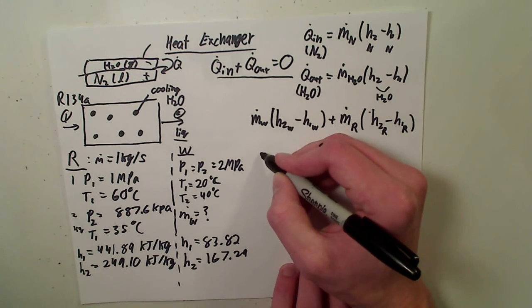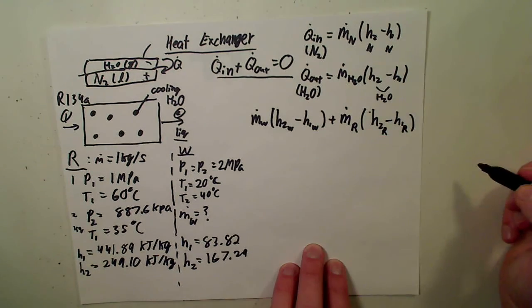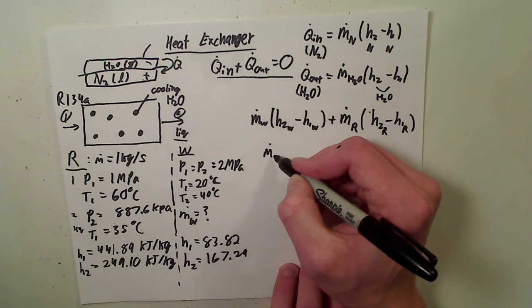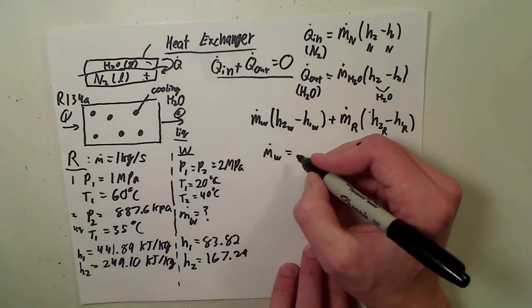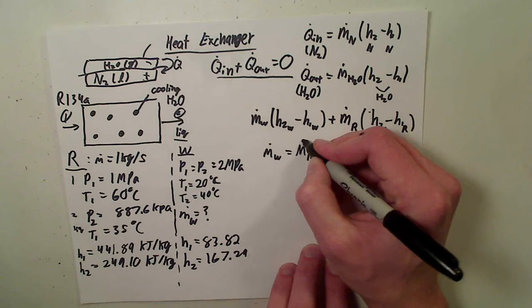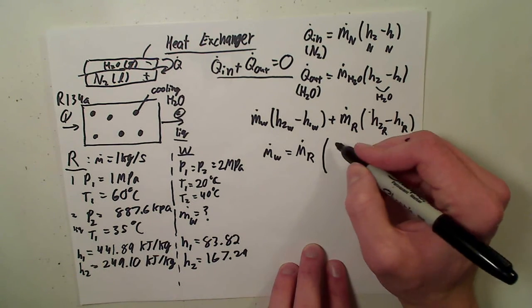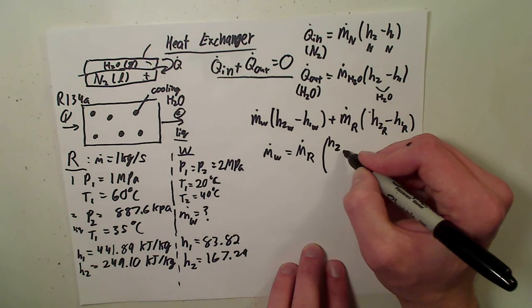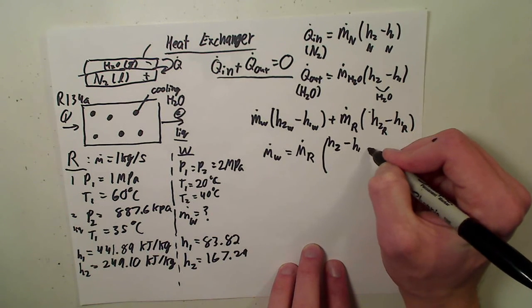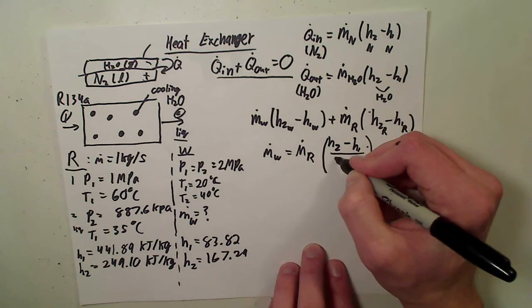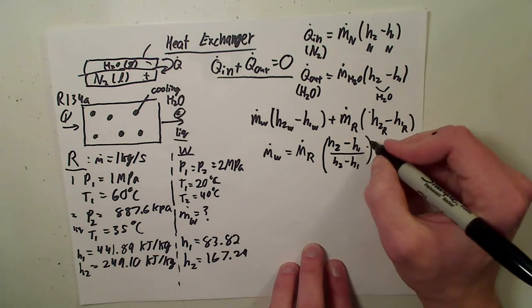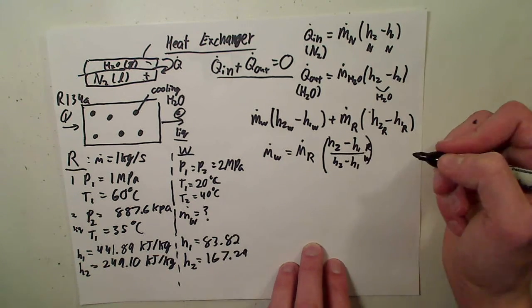So mass flow rate of water is going to equal mass flow rate of the refrigerant times H2 minus H1 over H2 minus H1, refrigerant over water.